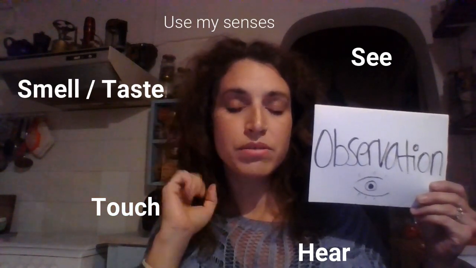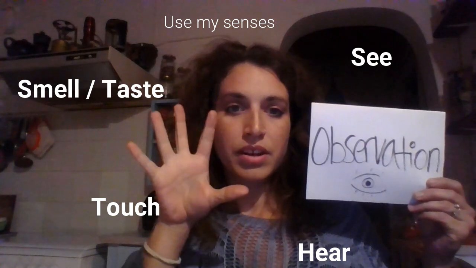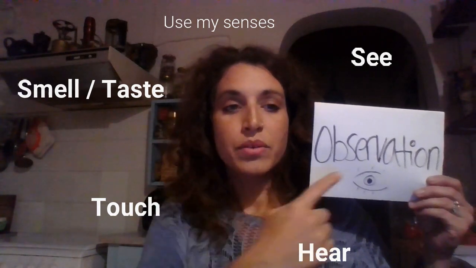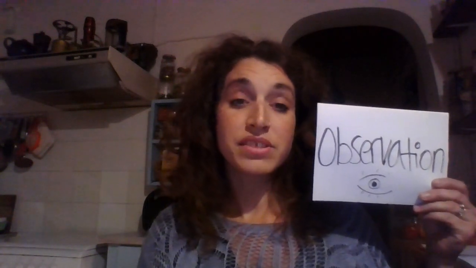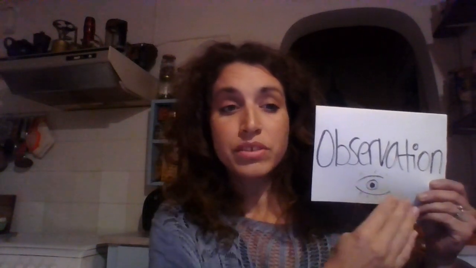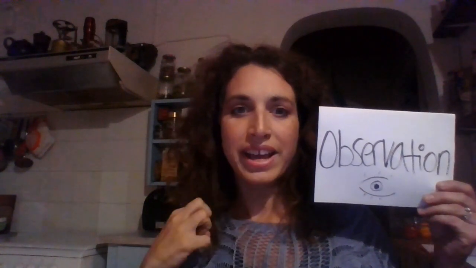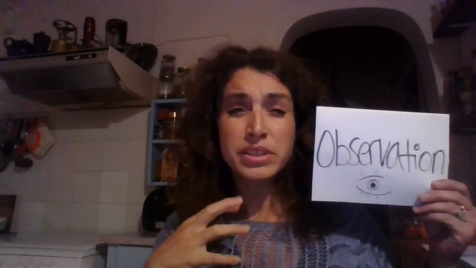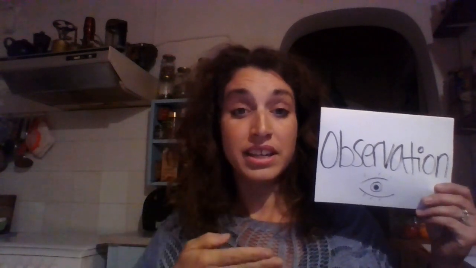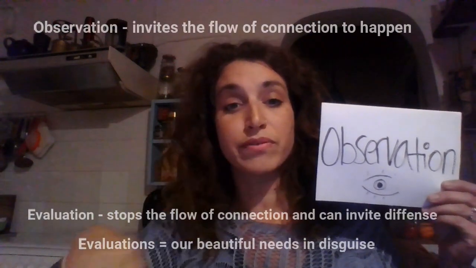These are the only things that you can express. So we try to translate our evaluations into an observation, and when we do that, that really helps people to take away that evaluative judgment, which stops the connection, and it allows connection to flow.